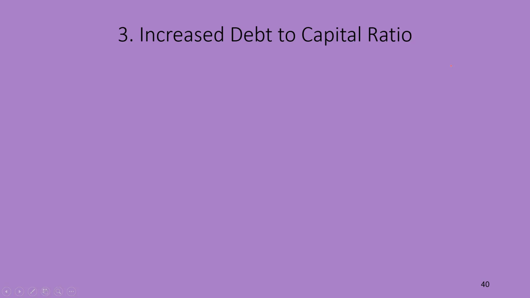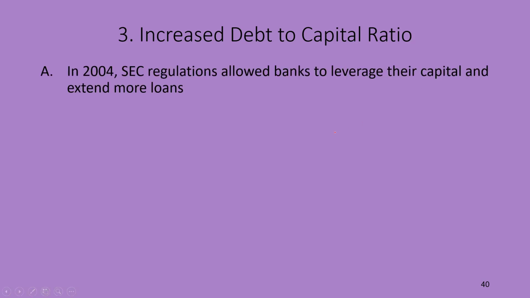Now, also what's happening during this time period that's going to lead to the collapse of these financial institutions is the increased debt to capital ratio that banks are carrying. In 2004, the SEC, or Security Exchange Commission, regulations allowed banks to leverage their capital and extend more loans.